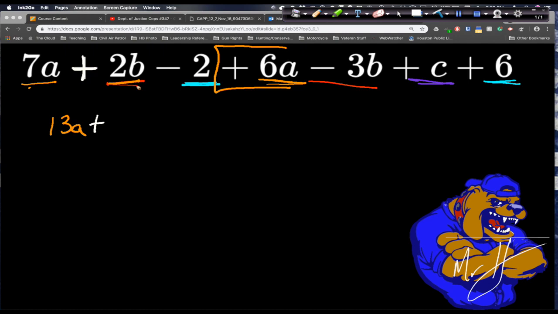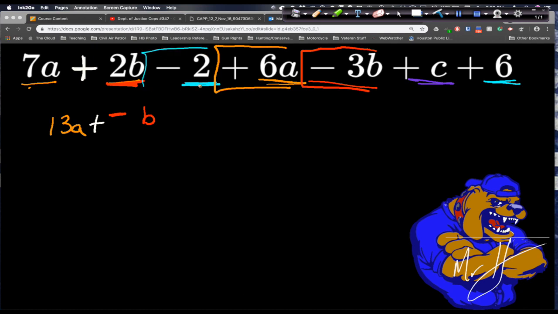So I have 2b, and I'm going to take the symbol preceding minus 3b. Well, 2 minus 3, that's going to be a negative 1b. Now, because that negative 1 can make things look a little funky, I'm just going to make it negative b, because remember, that's the way this works. 1 is inferred.